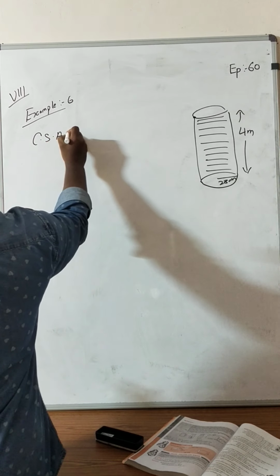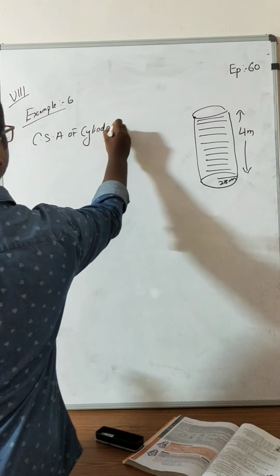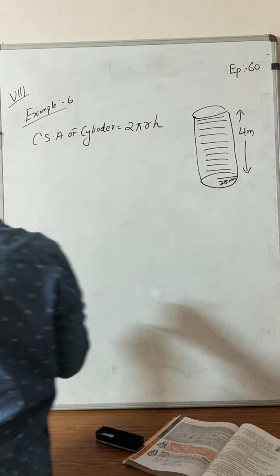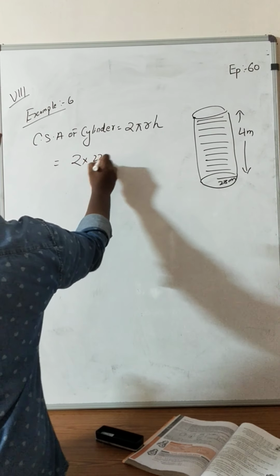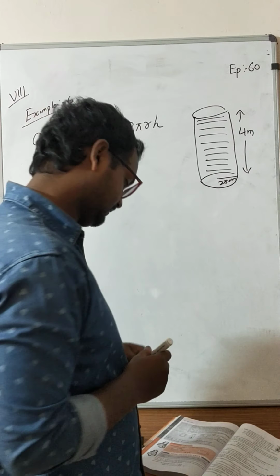CSA of cylinder is how much? 2 pi r h. If we apply, we will get 2 into 22 by 7 into radius. Radius is 28 centimeter.